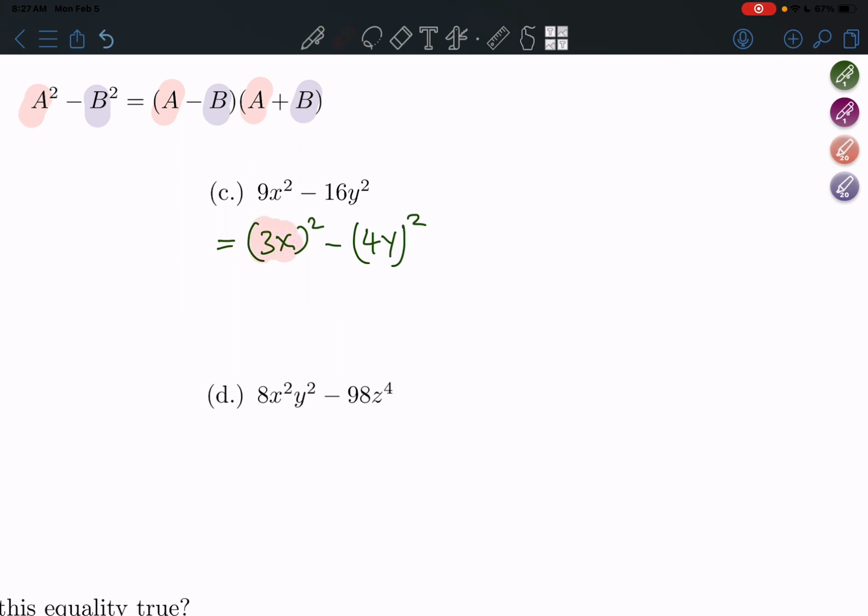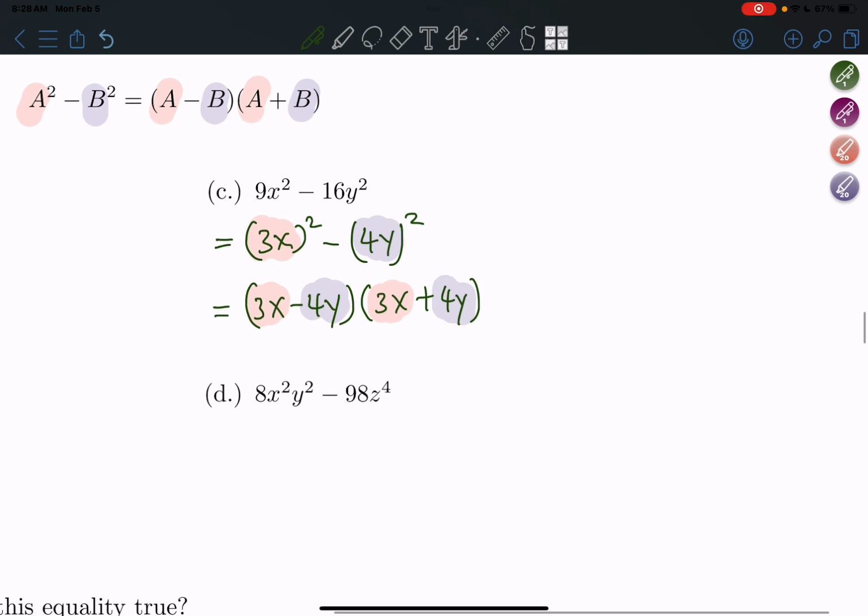So that's my A and that's my B. So the answer is 3x minus 4y, 3x plus 4y. Right? So A minus B, and A plus B. Okay? Very easy factor here.